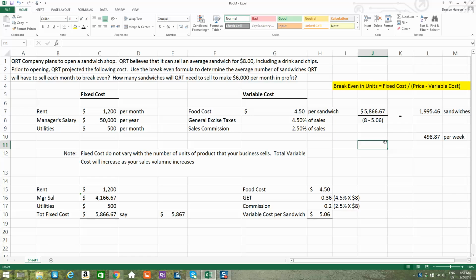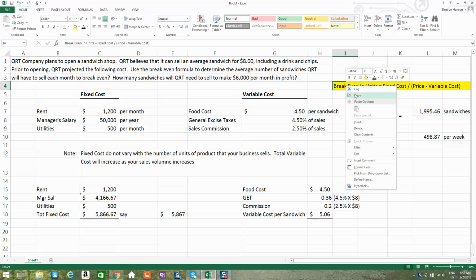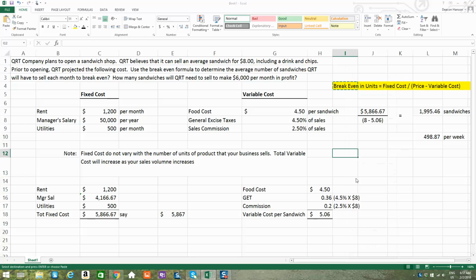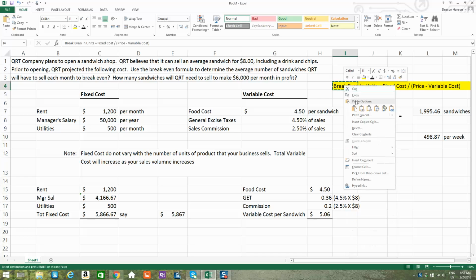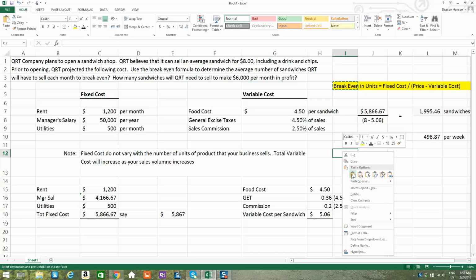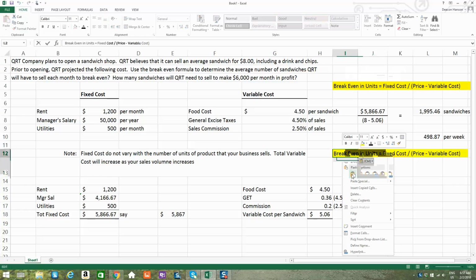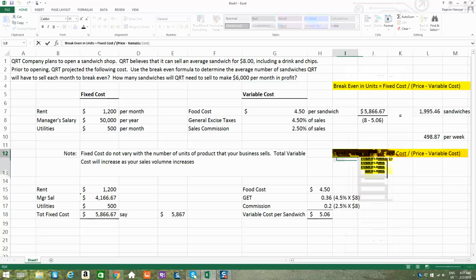To do that, all we do is we tweak the numerator. Okay, so if you want to go to the profit target, what we do is we take the numerator, the fixed costs, and we add our profit target to it.